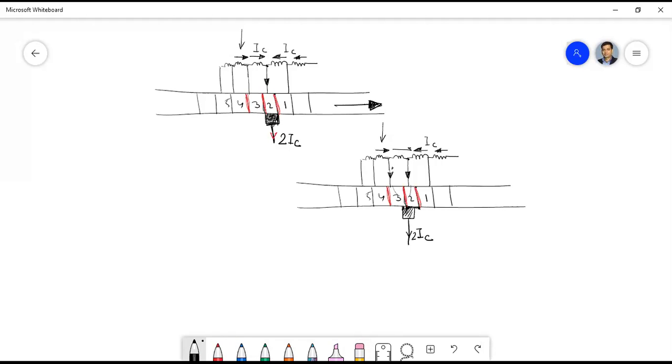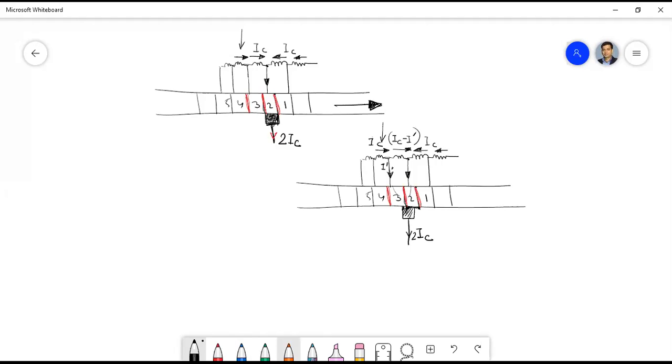Suppose if some current is diverted in this path, this current will not remain IC. Suppose the current flowing through this is I prime. Then according to KCL, this will be IC minus I prime, isn't it?